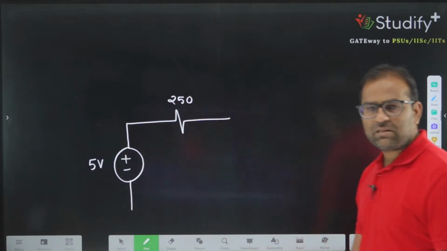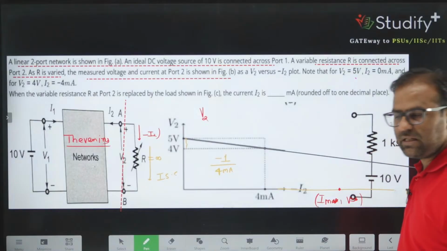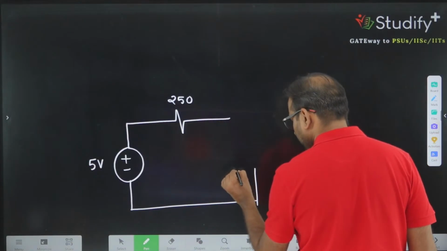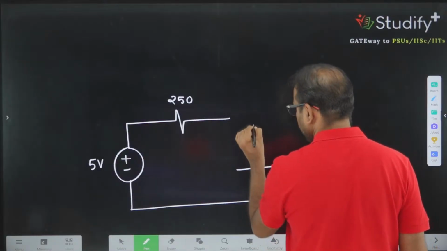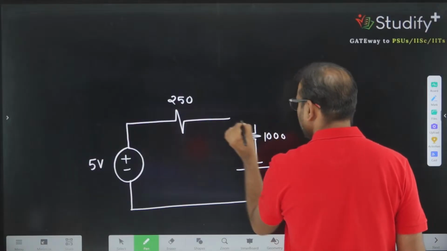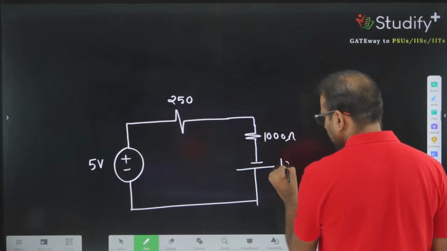And what else? They are saying that they are using a new load. The new load is 10 volt in series with 1 kilo ohm. So let's make it 1000 ohm to keep the same unit, and this is 10 volt.